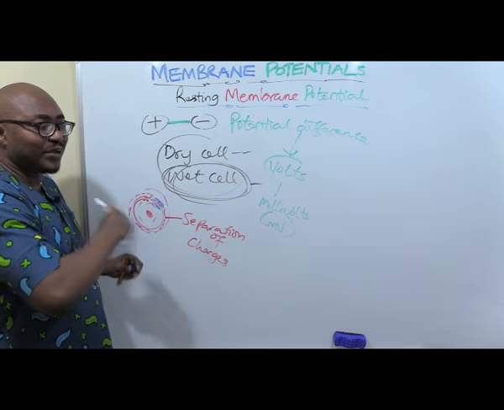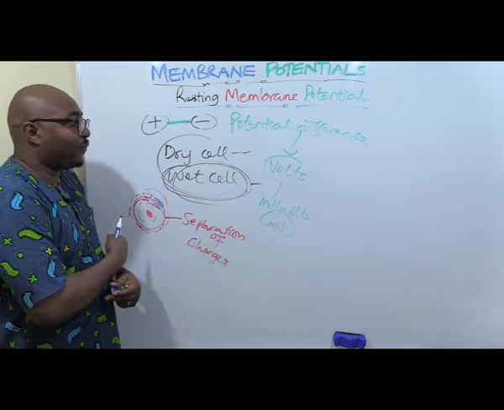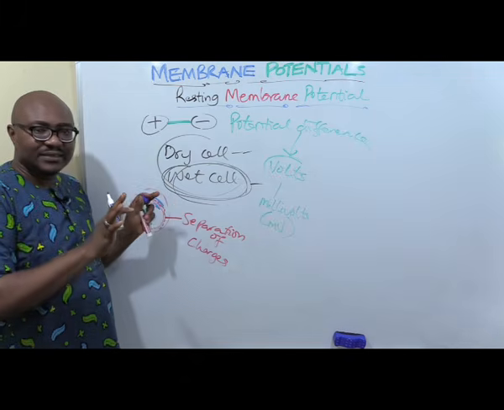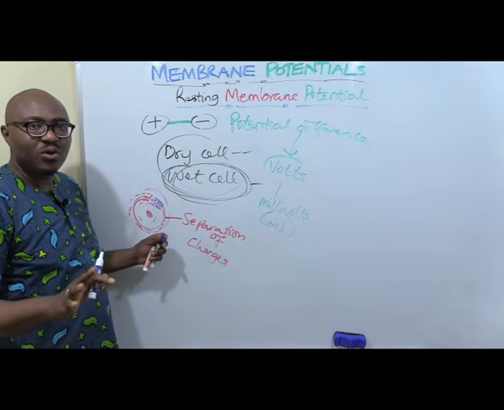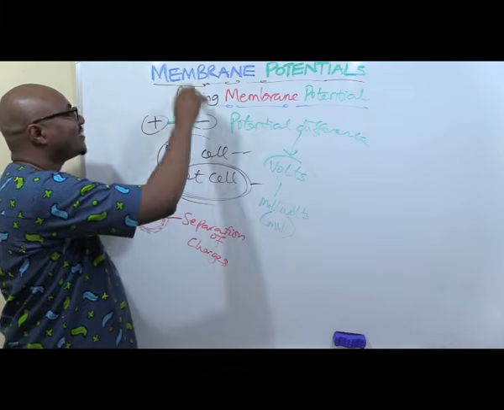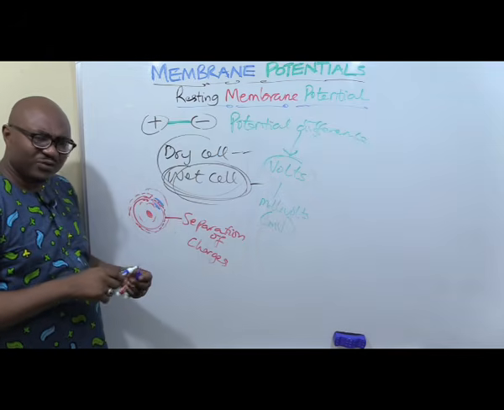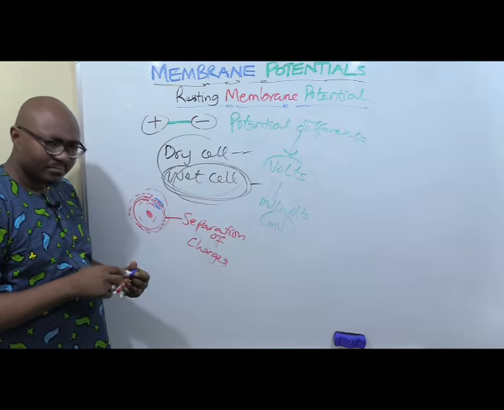That is not being propagated. No electrical current flows. So when it's just there, stagnant, not performing any action, it is known as the resting membrane potential. I don't know if you understand this.